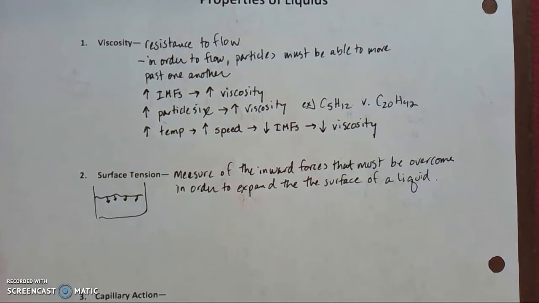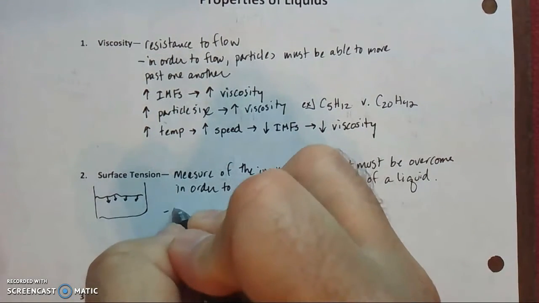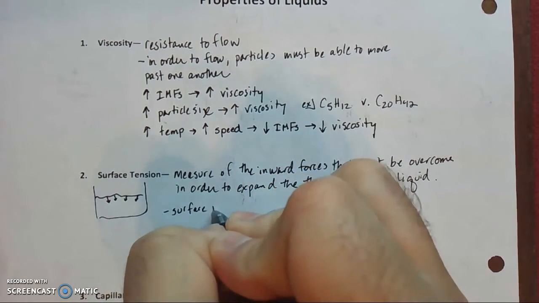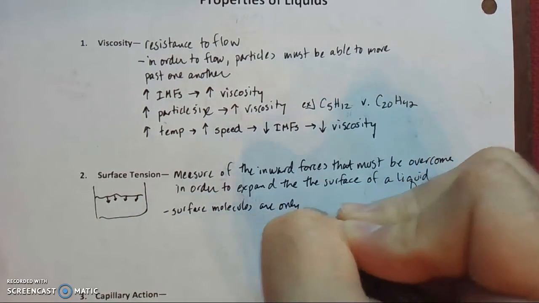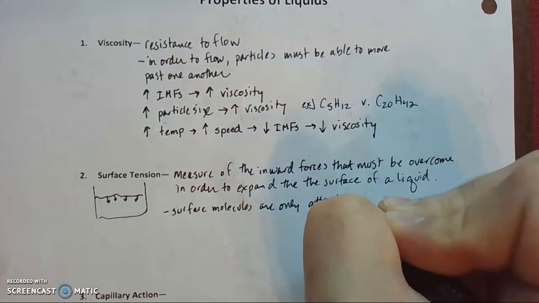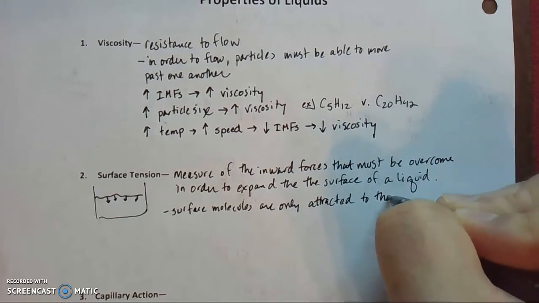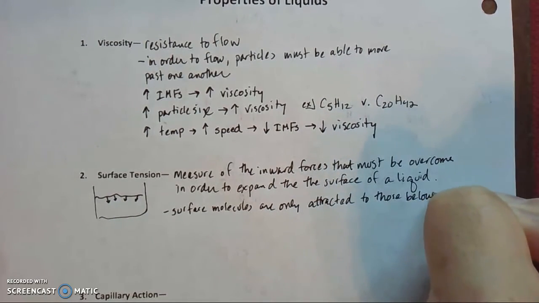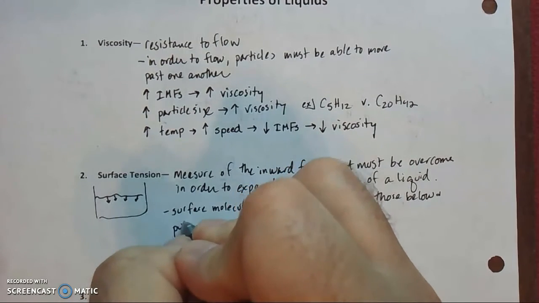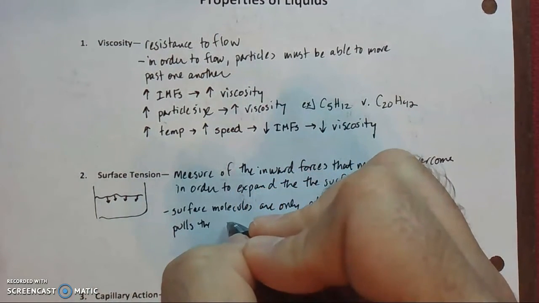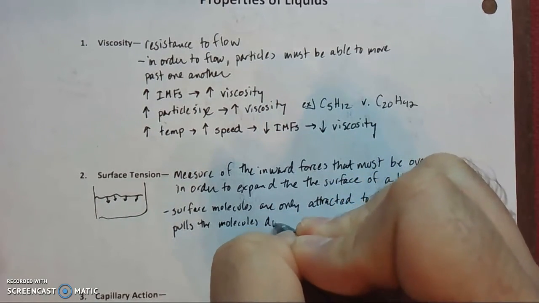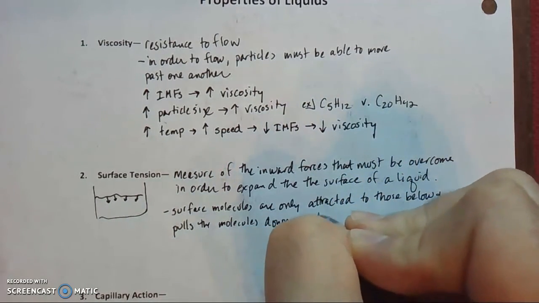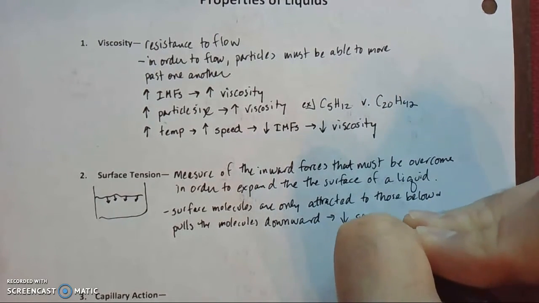So some things have more surface tension than others. These surface molecules are only attracted to those below and pulls the molecules downward a little bit, which tends to decrease the surface area.